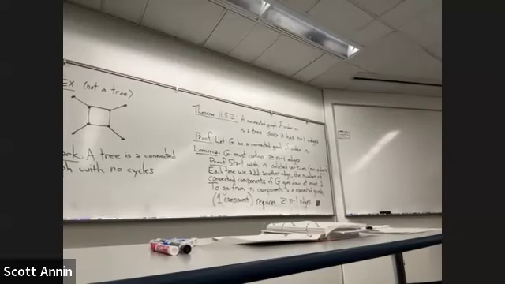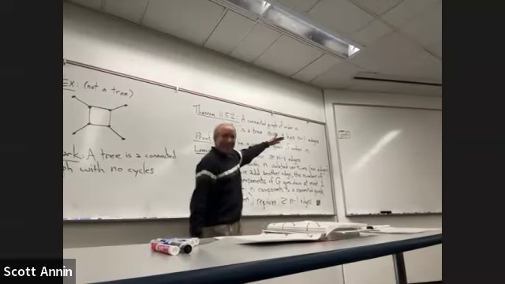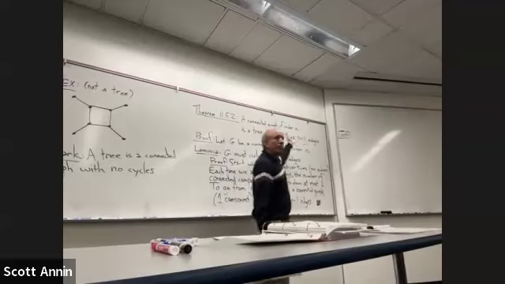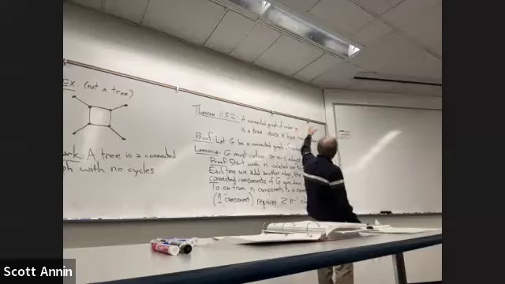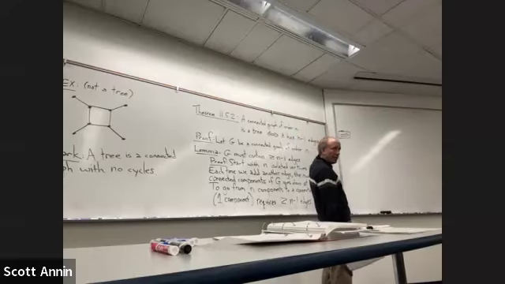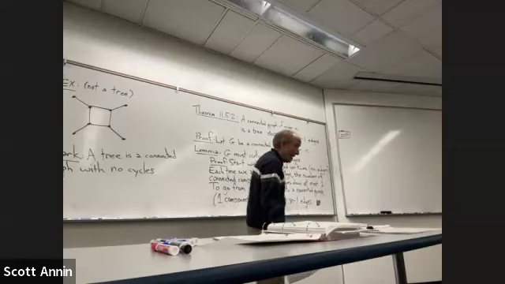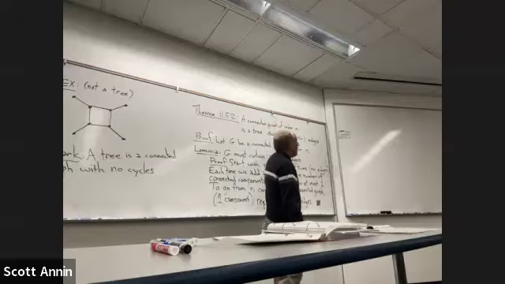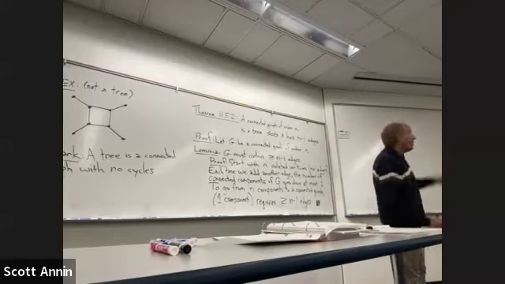So let's try to prove this forward direction. And I'm gonna do it by way of contrapositive, meaning I'm going to assume that my graph does not have n minus 1 edges. Now, we already know that it has at least n minus 1 edges. That's a given. So if it does not have n minus 1 edges, then it must have n or more edges, right?